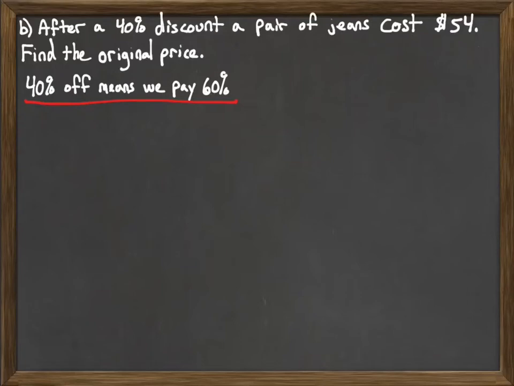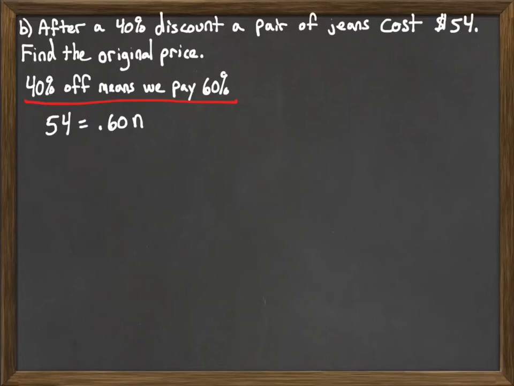So that $54 that we're paying for the jeans is 60% of the original price, and that's the key to letting us set up this problem. So we write a percent equation: 54 equals 0.60 times n. And then we set about solving that problem.